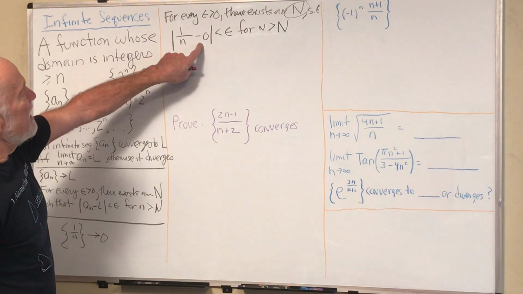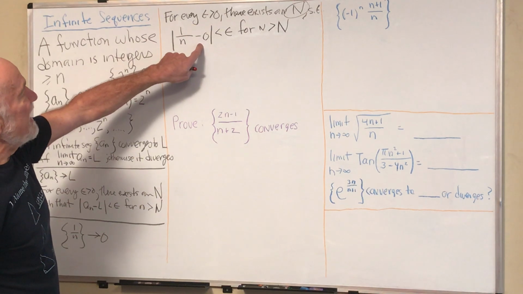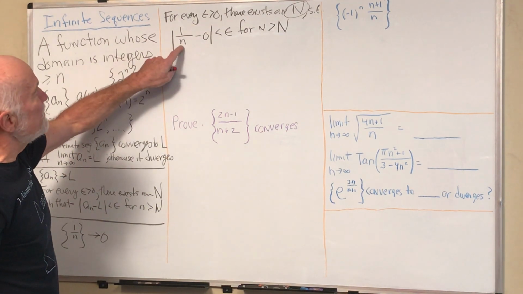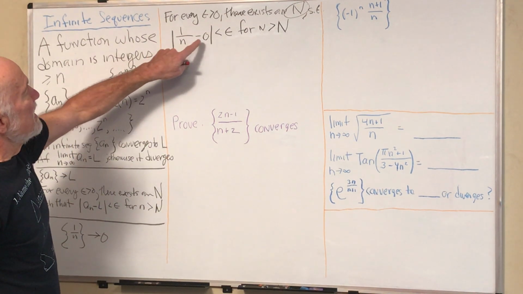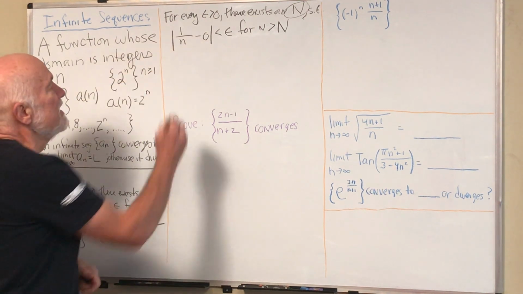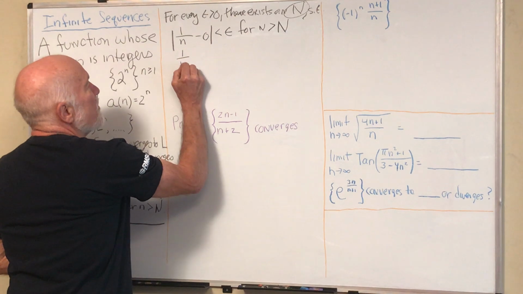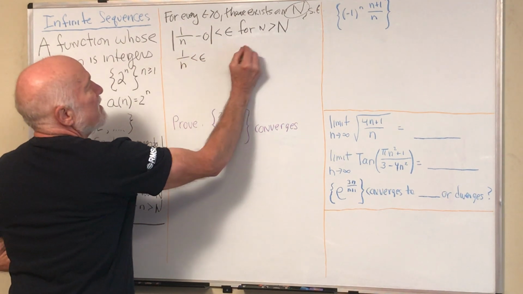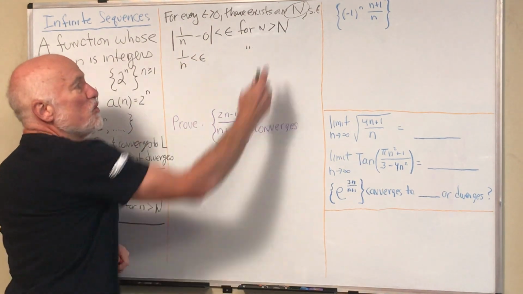Well, algebra-wise, since n are positive numbers, we can drop the absolute value sign, and we just have to say that 1 over n is less than epsilon for the n that we pick.